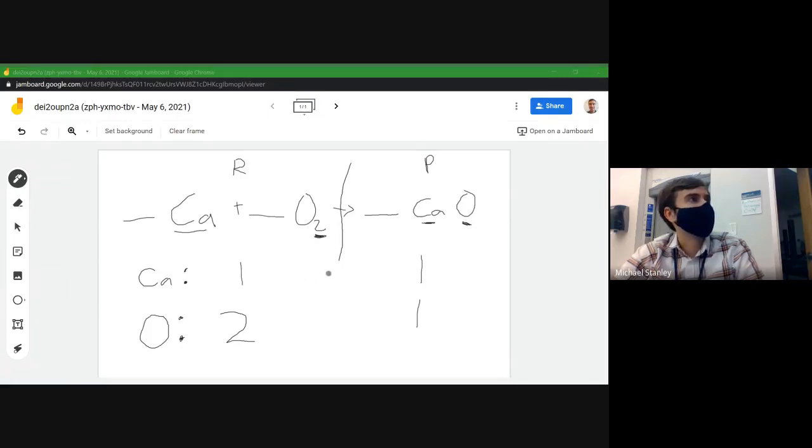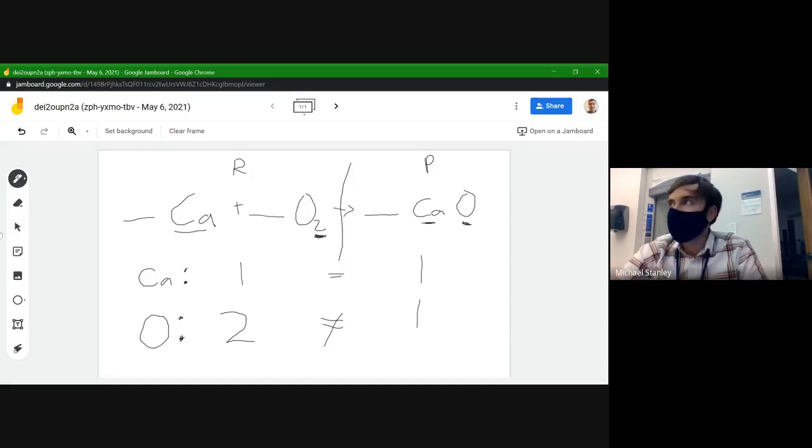So that's a good sign. Those are 1 and 1. But our oxygens are not equal. We have 2 on the reactants and 1 on the products. So these are not equal, which means this equation is unbalanced. There's not the same number of O's on both sides.